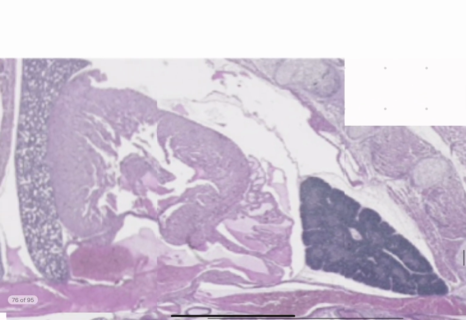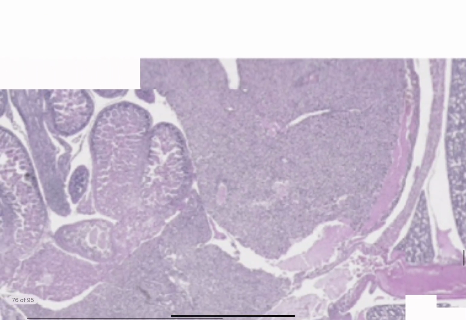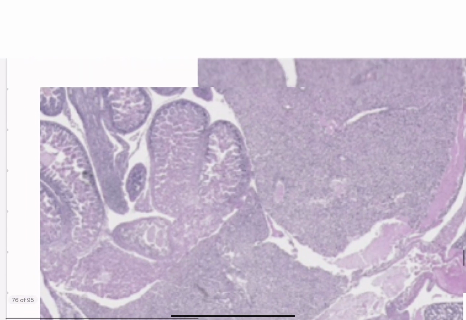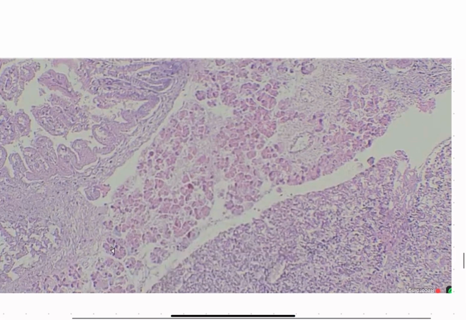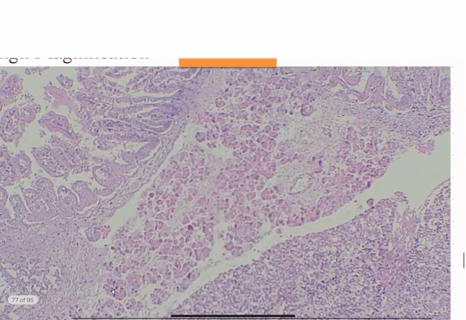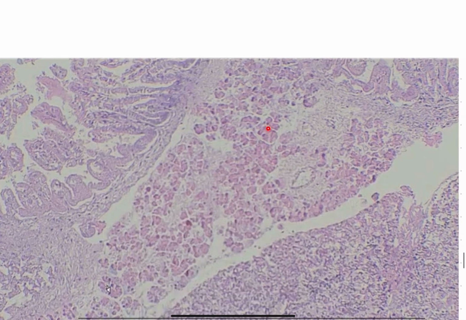And then now we're going towards the left of this slide. And we see something over here. I would like to zoom in towards this general area. And we see something like this. Please tell me the name of this structure.